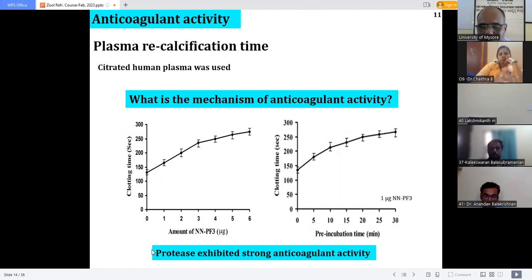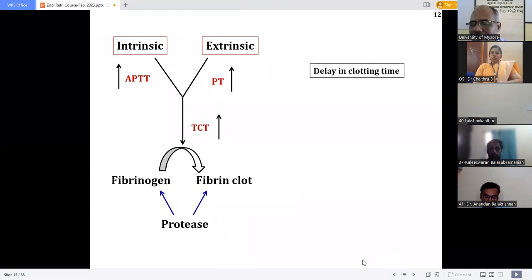Okay. So the next thing for us, the interesting thing was, what is the molecular mechanism of anticoagulant activity exhibited by our purified protease? For this, we checked various parameters, targeting the intrinsic pathway, extrinsic pathway, and common pathway, to see through which pathway our protease actually works.